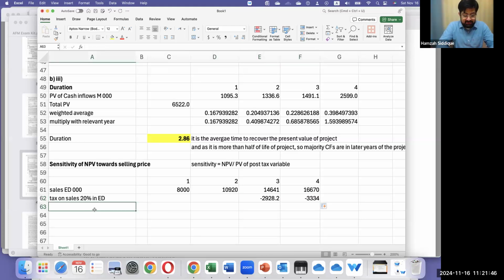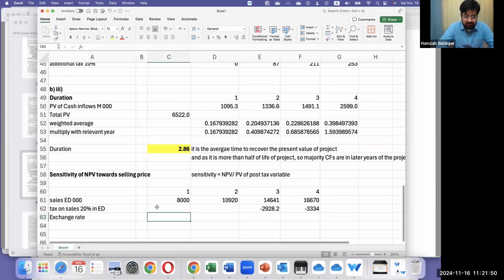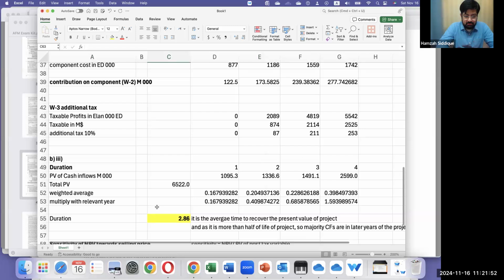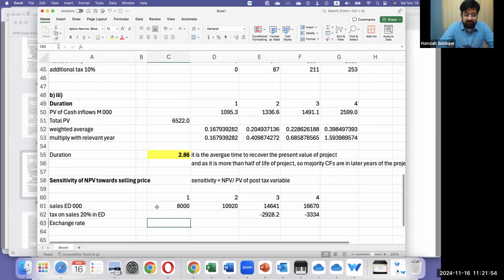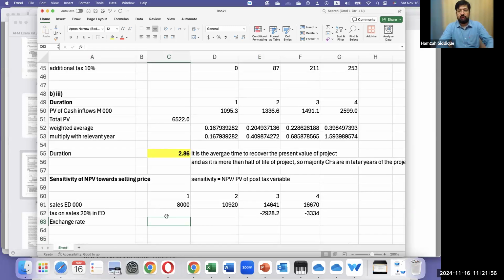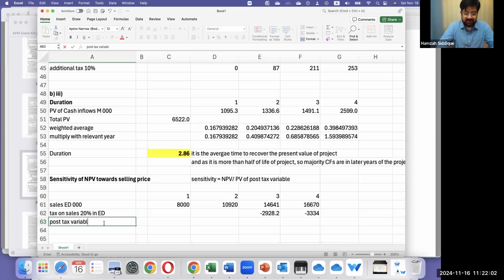Yes. Now there is the exchange rate. So once again, we have to convert it. Sorry, we have to calculate post-tax sales in ED 000. This plus this.